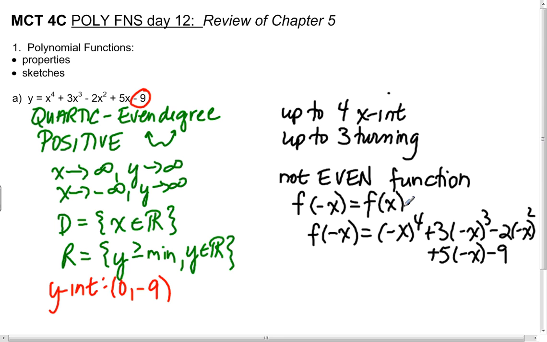Notice that this one will become negative 3x cubed, and this one will become negative 5x, different than what I started with. So this is not going to be true. It is not an even function. It's not balanced symmetrically across the y-axis.